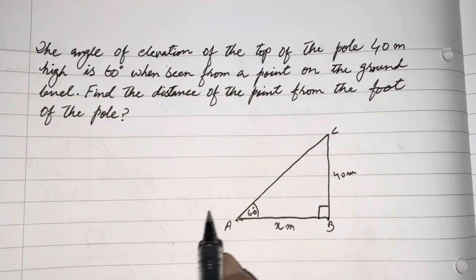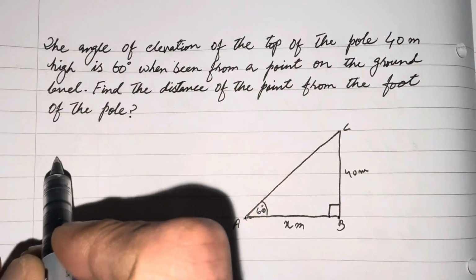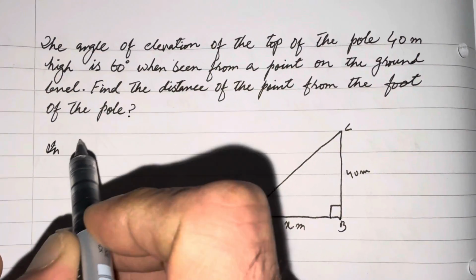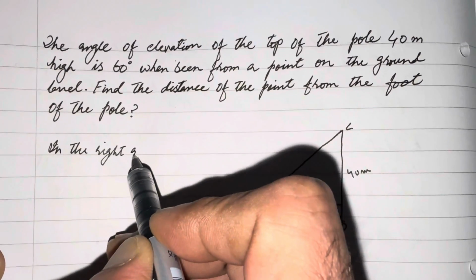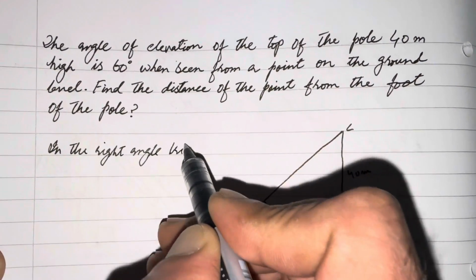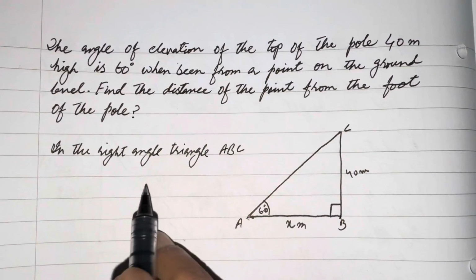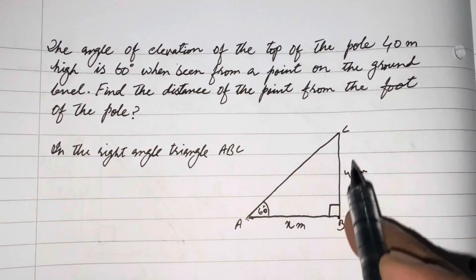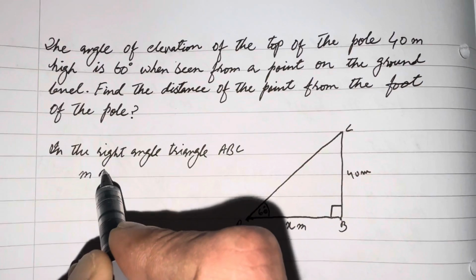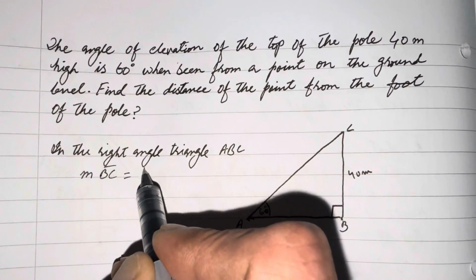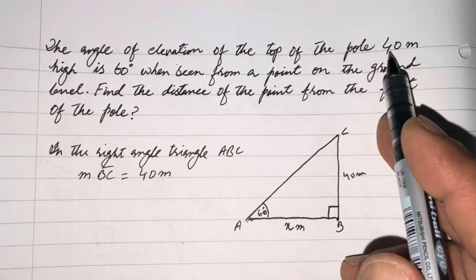So we can say that in the right angle triangle ABC, the measure of BC is equals to 40 meters, which is already given in the statement as the height of the pole.